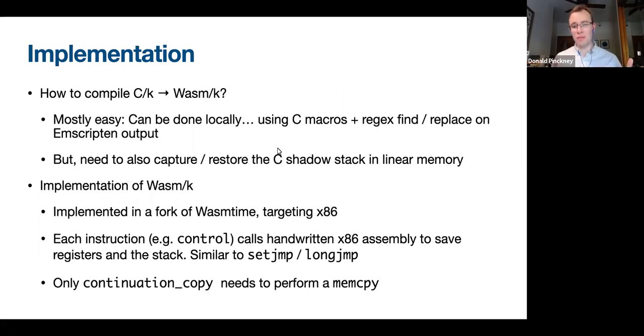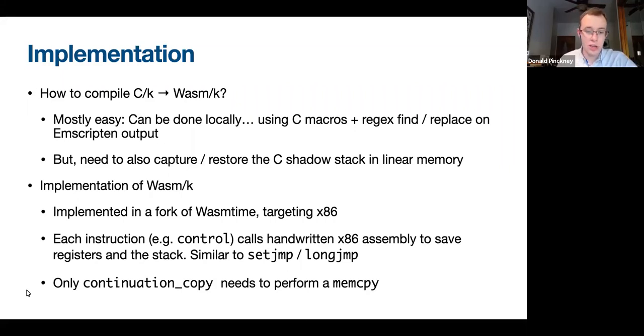I just wrapped it using hacks of C macros and then doing regexes on the outputted code from it. And that works because it's a very local thing to compile each function to each instruction. But there's also the trick that, as Ross pointed out, you need to also capture and restore the C shadow stack that's in linear memory, because Wasm can't possibly know about that.